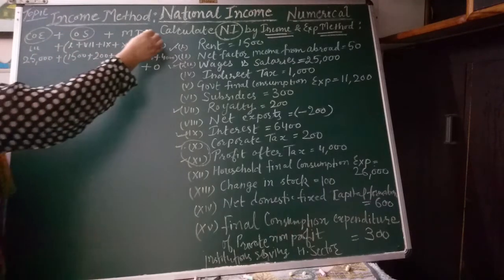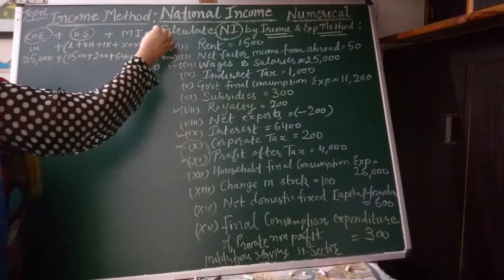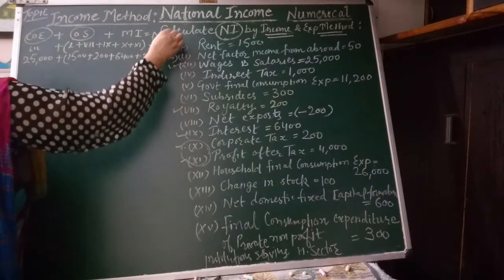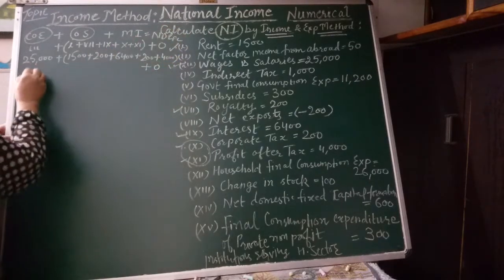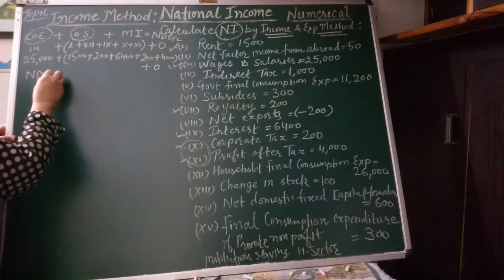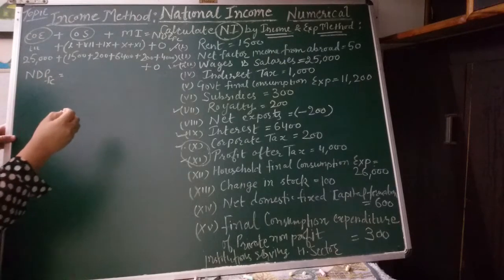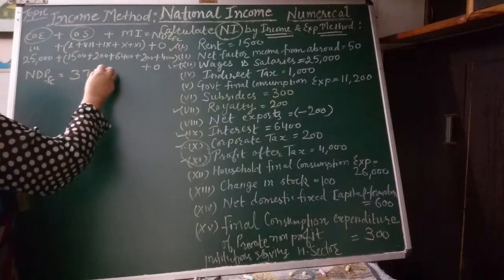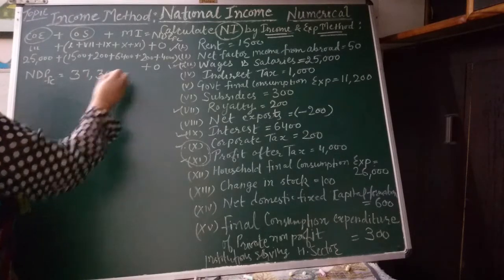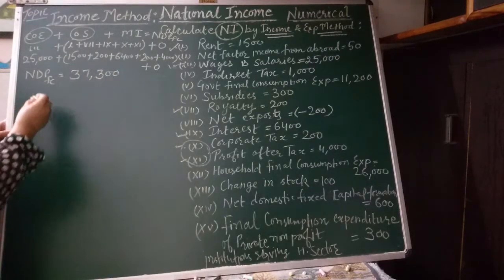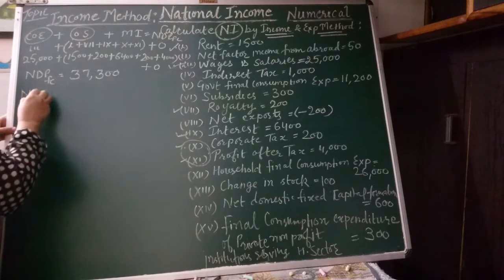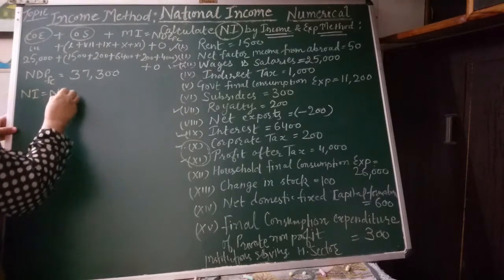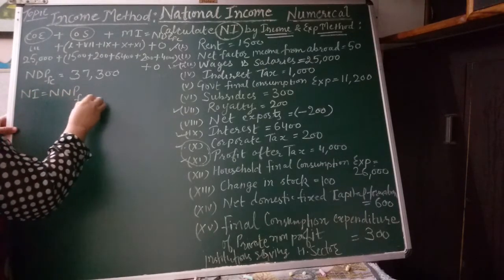So if we sum up all these values, we get NDP at FC. So NDP at FC is equal to 37300, and we have to calculate national income. National income means NNP at FC.